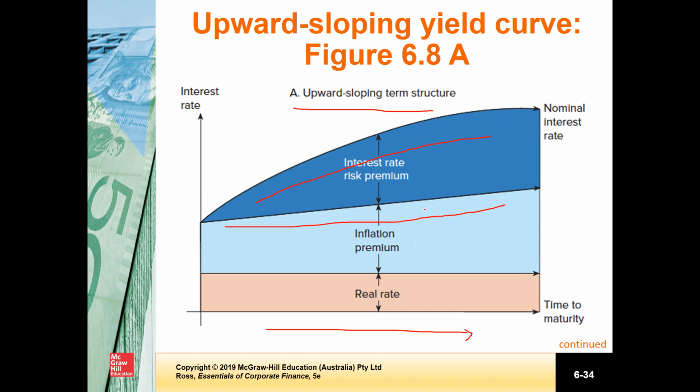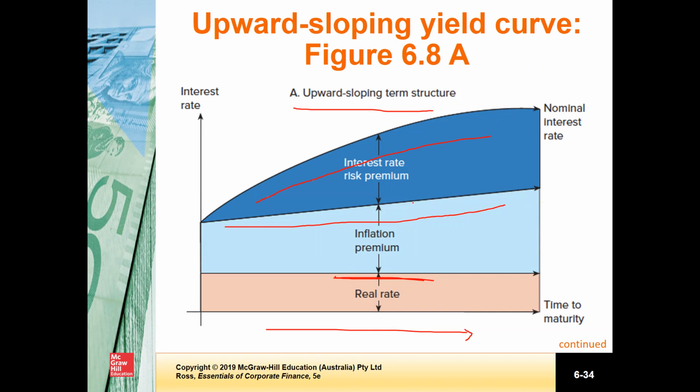And the bottom part is the real rate of interest, and we have already discussed that the real rate of interest essentially doesn't have much impact on this term structure.